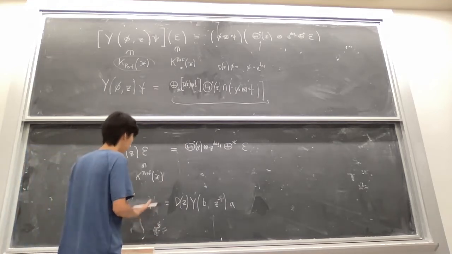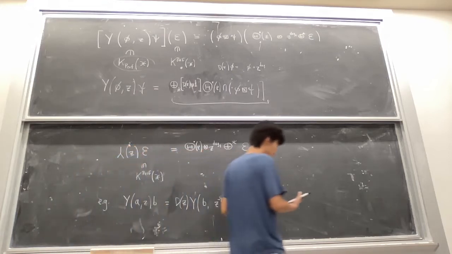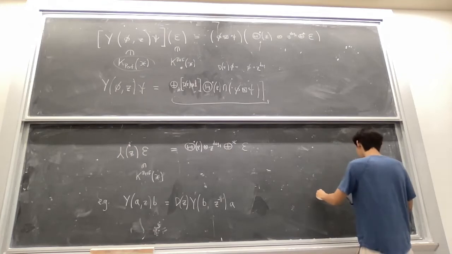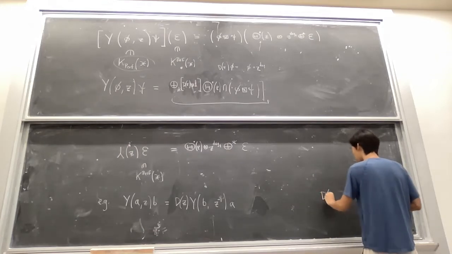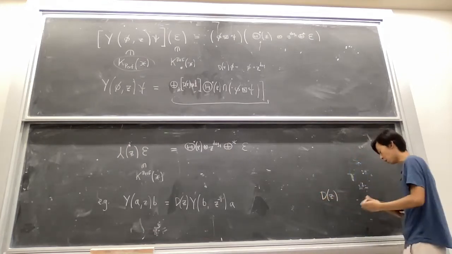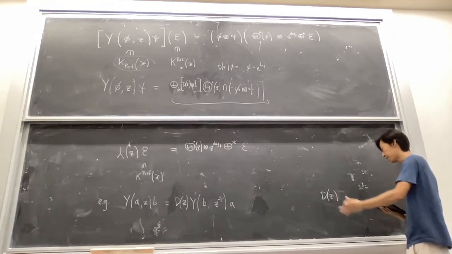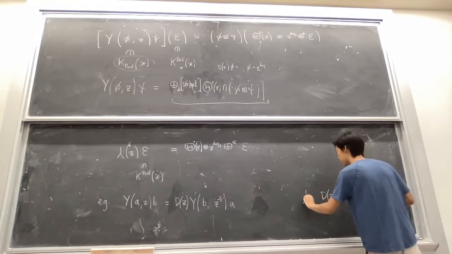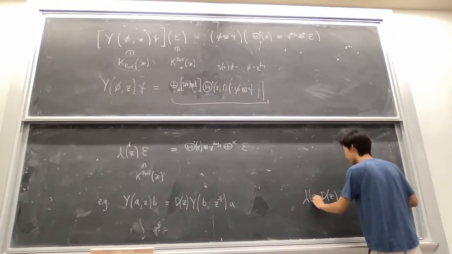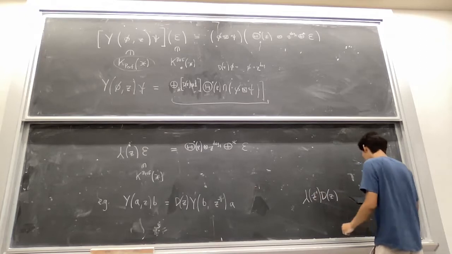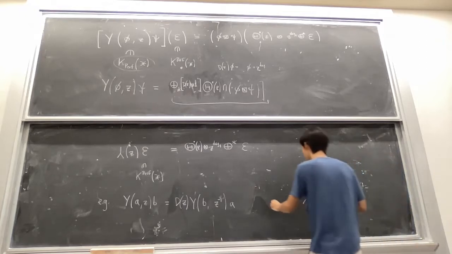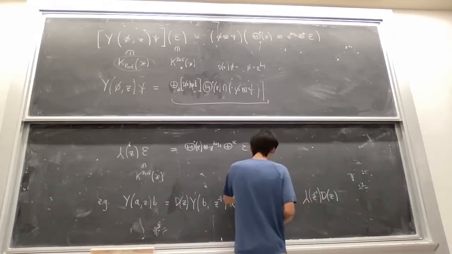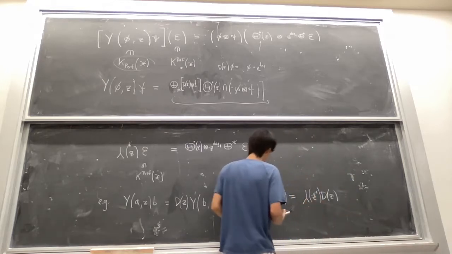And so what are you going to get? This is going to say something like you'll have some dual translation. There's still some actual operator. It eats something from your space and maps it into your space meromorphically in Z. And then you'll have some vertex co-operation Y of Z inverse. And this is going to be equal to some kind of operator.